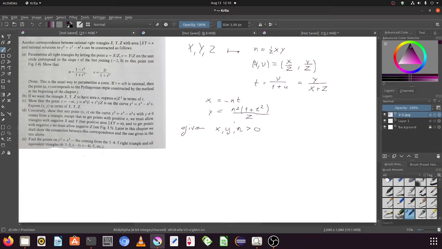All right, that means we can find t, and when we know t and n, we can find z.